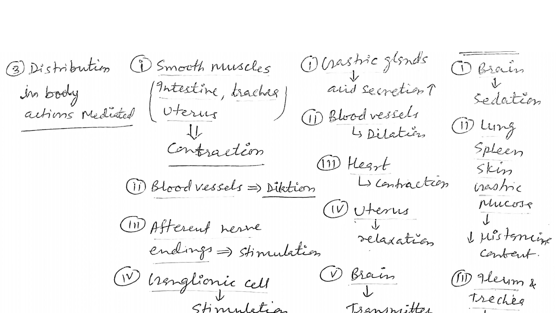Only H2 receptors are present in the gastric glands or stomach. Remember this, students: H1 and H3 receptors are not present, only H2 receptors are present in the gastric glands or stomach, and they are responsible for the secretion of hydrochloric acid or gastric juice.